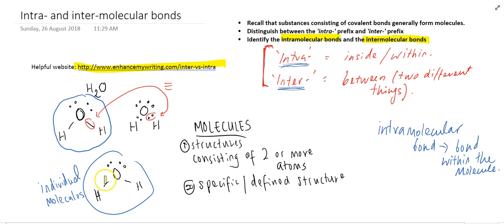If we look at this bottom water molecule, the bonds that we see are these 2 covalent bonds here. So these are the intramolecular bonds, and they happen to be covalent bonds. Sorry, with my terrible handwriting. Okay, so those are the intramolecular bonds.